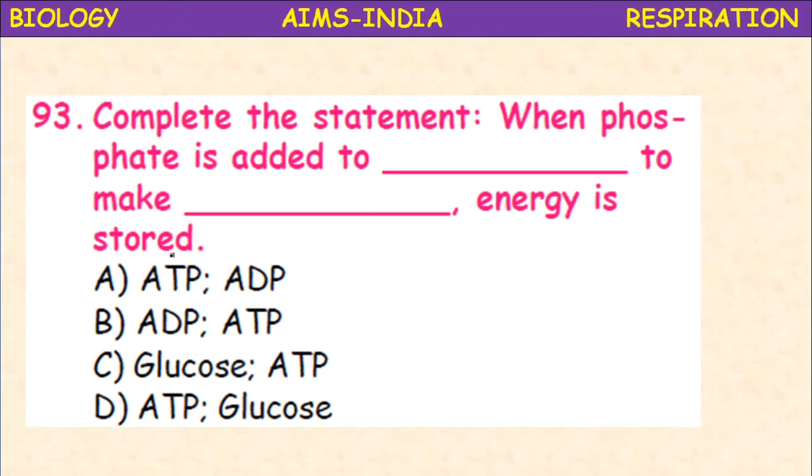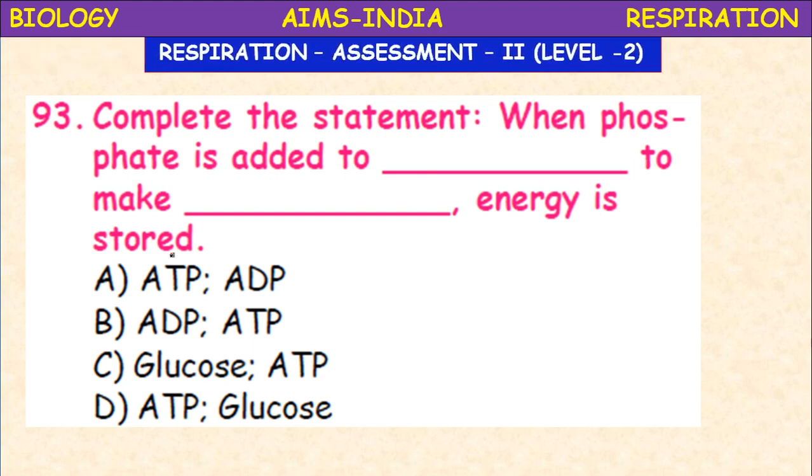Next, complete the statement. When phosphate is added to dash to make dash, energy is stored. The options: ATP, ADP; ADP, ATP; glucose, ATP; ATP, glucose. Which is the correct one here?